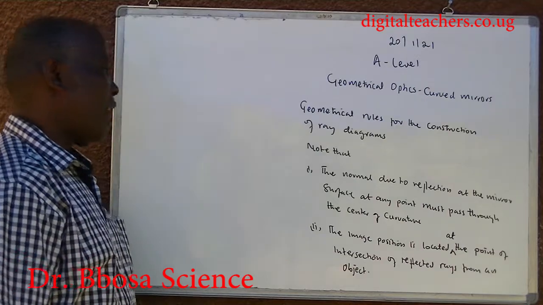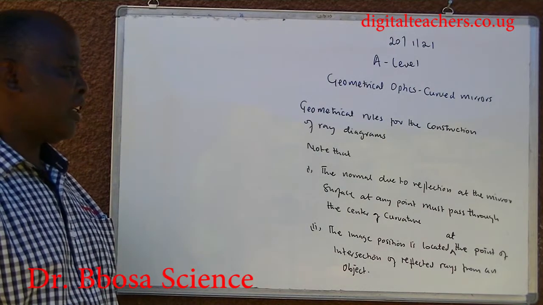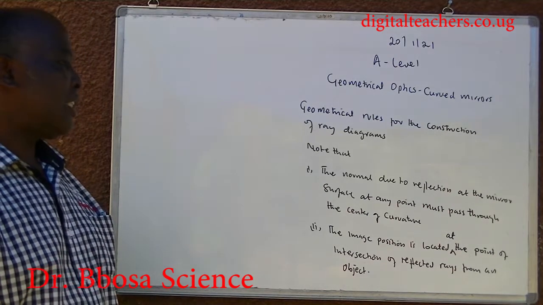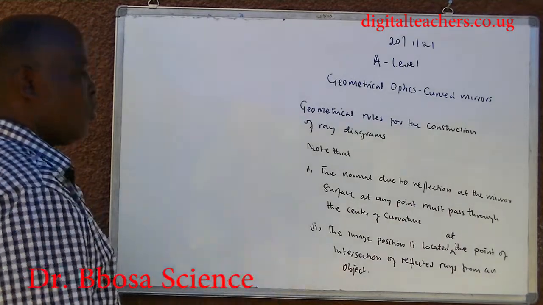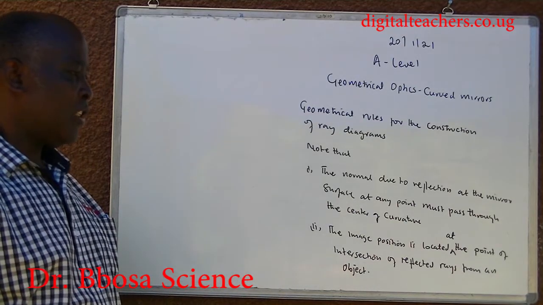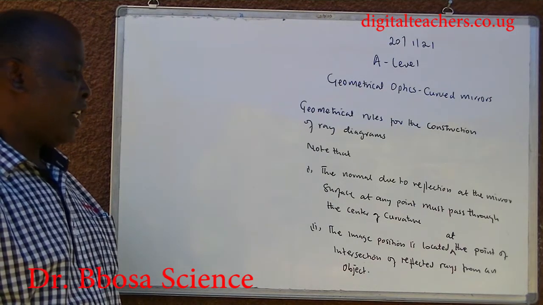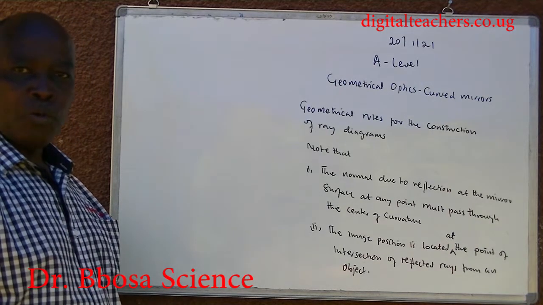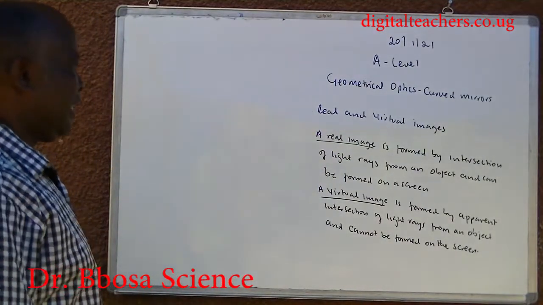Note that 1. The normal, due to reflection at the mirror surface at any point, must pass through the center of curvature. 2. The image position is located at the point of intersection of reflected rays from an object. Real and virtual images.